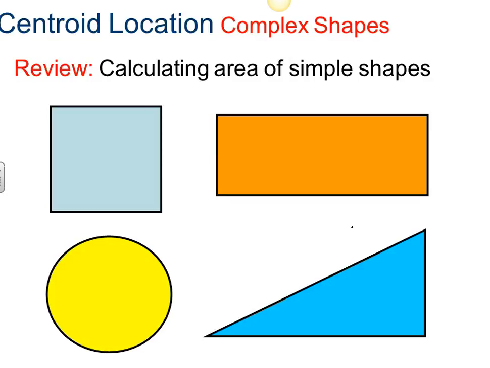In calculating the area of simple shapes, it helps to know your geometric formulas. They are in your equation pages if you need them. The area of the square is just the side squared. So if this side and this side are the same length, we just multiply side by itself to get an area, which is going to be in inches squared or meters squared or centimeters squared.